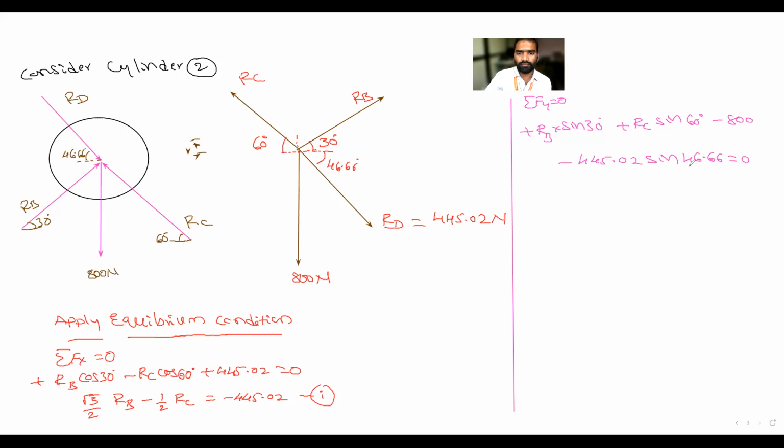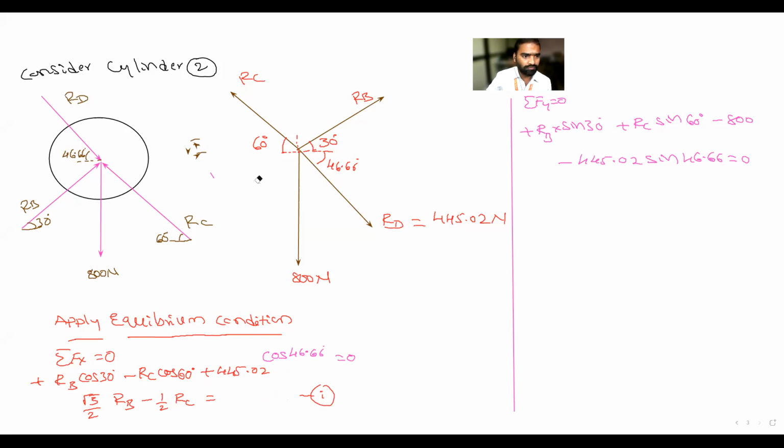Here the cos should be written. Is it correct? In the summation of Fx, the cos was left out. Yes, 46. Very good. Correct. Here I had forgotten the cos term. Cos 46.66, correct. That is equal to 0. Then this answer is changing.